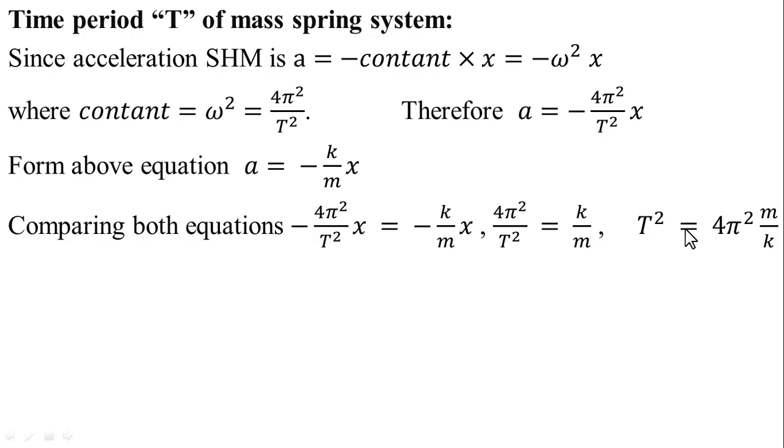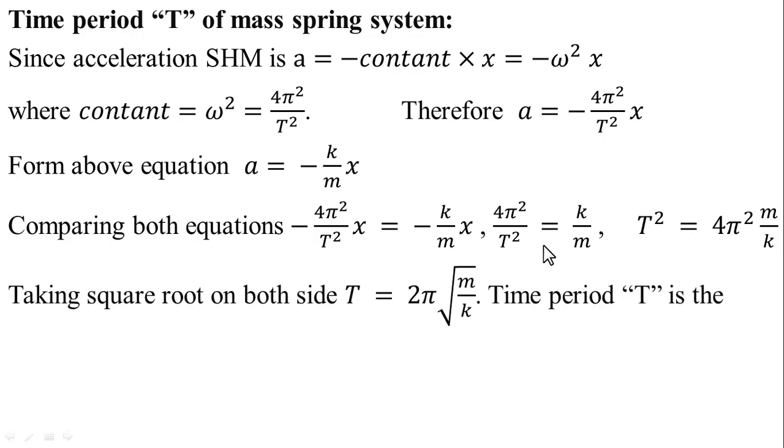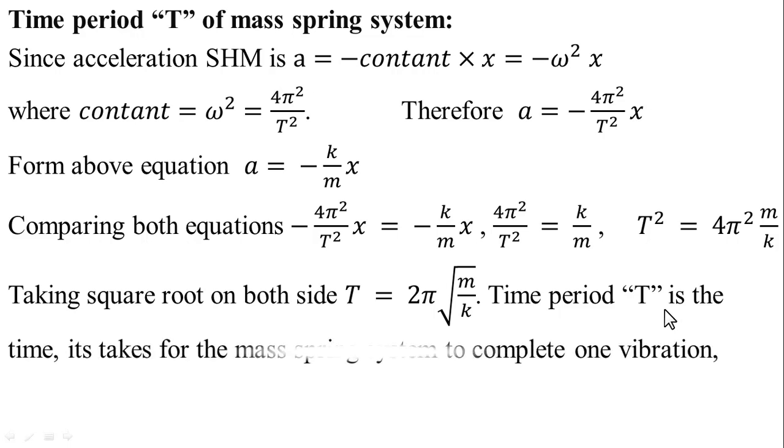Now taking the square root on both sides, T is equal to 2 pi square root of m over k. This is called the time period T, that is the time for one oscillation. It is the time a mass spring system takes to complete one vibration.